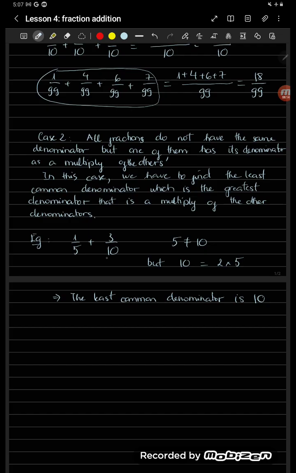In this case, because they do not have the same denominator, we have to find a common denominator. In order to find it, we have to find the least common denominator. Here it is 10, because 10 is a multiple of 5. So if 10 is the common denominator, we keep 3 over 10 unchanged.